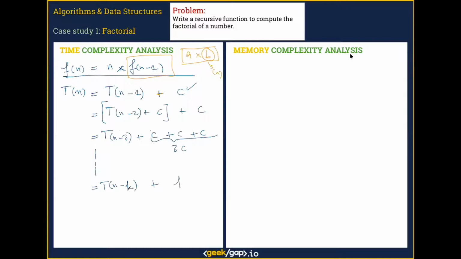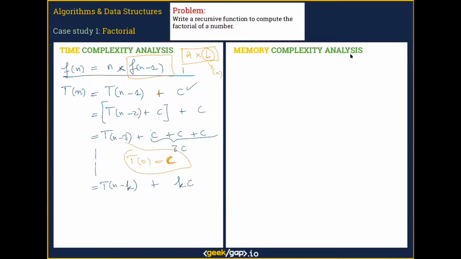If we continue doing this, at some point we're going to get t of n minus k plus kc, right? And the time complexity that we actually know is the time complexity of 0. So we know that t of 0 is equal to 1, or a constant, preferably, because t of 0 is given to us.